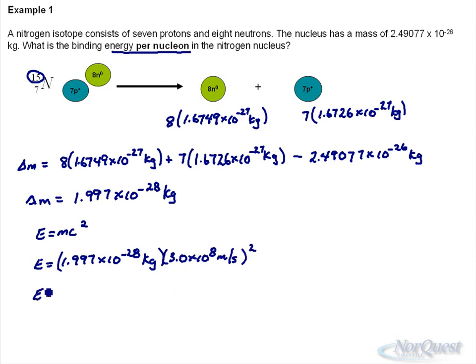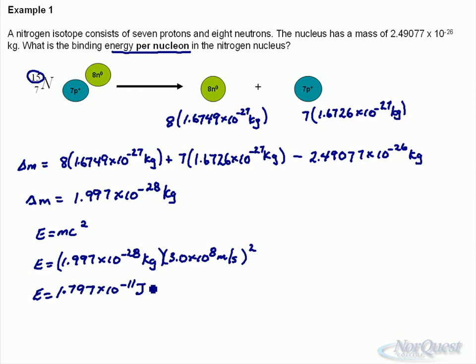And let's find the amount of energy, times 3 to the exponent 8 squared. You get 1.797 times 10 to the negative 11 joules.